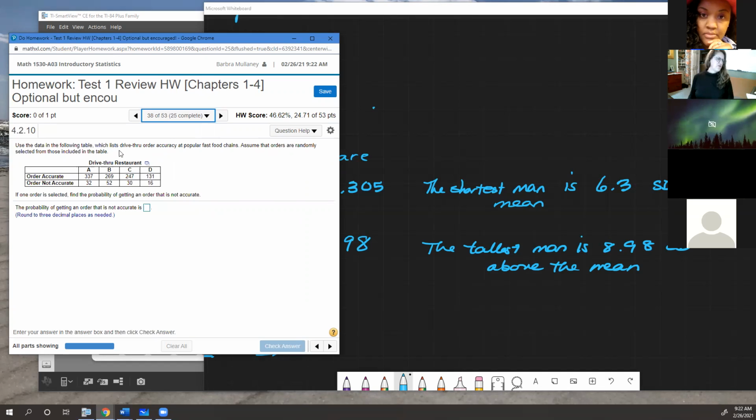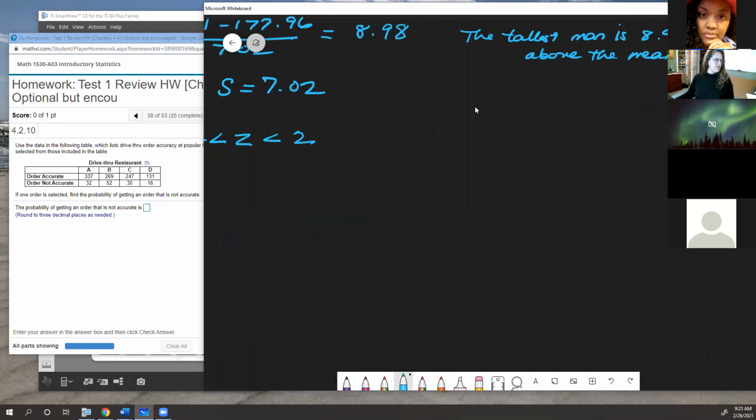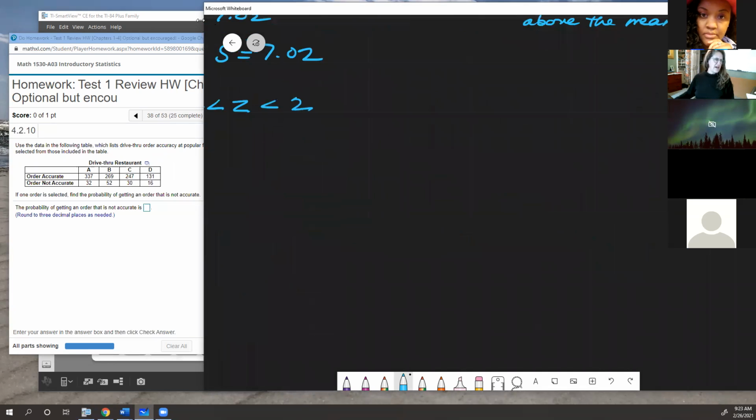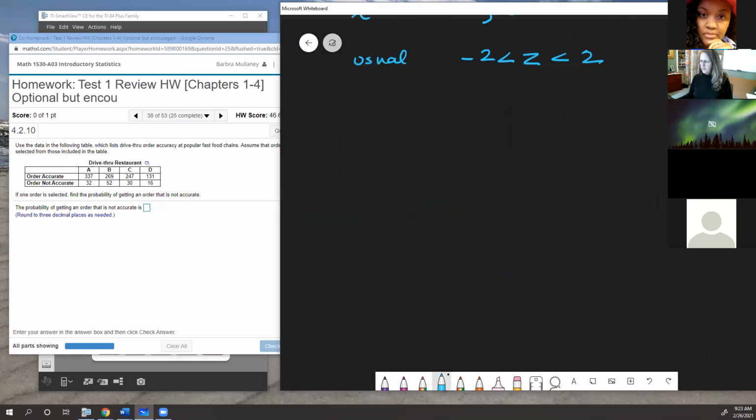Assume that orders are randomly selected from those included in the table. If one order is selected, find the probability of getting an order that is not accurate. So let's copy this table down because we're going to definitely need some totals.